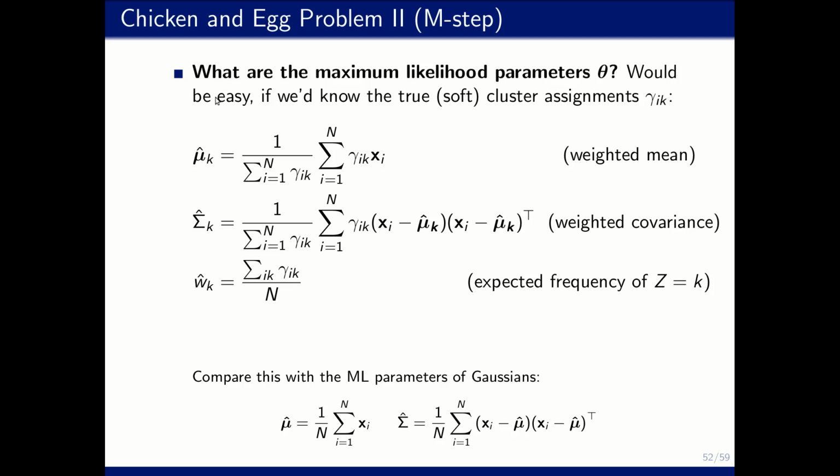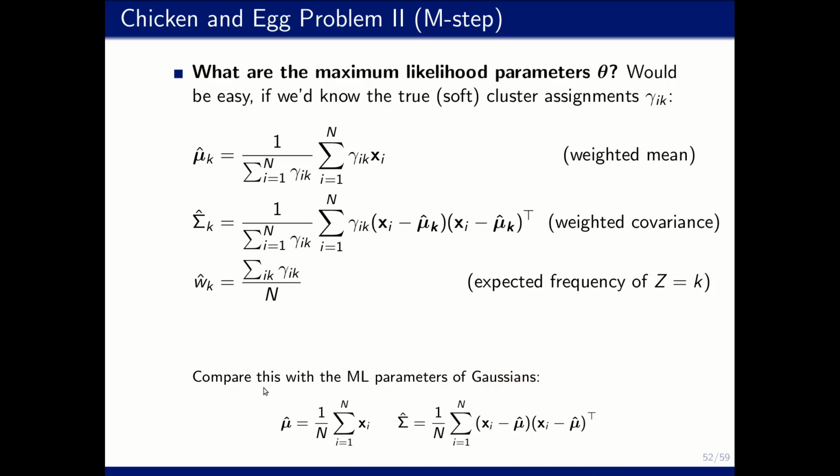And this would be easy if we already knew the true soft cluster assignment gamma ik's, because then we could just do a weighted variant of maximum likelihood. This is pretty much the maximum likelihood parameters for the Gaussians, which we discussed in the last section.